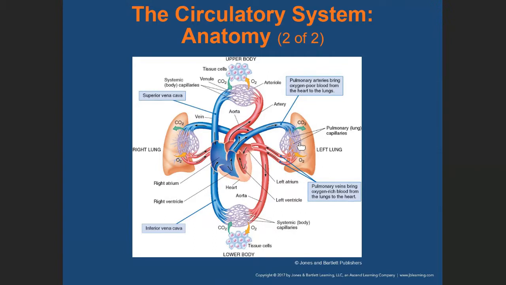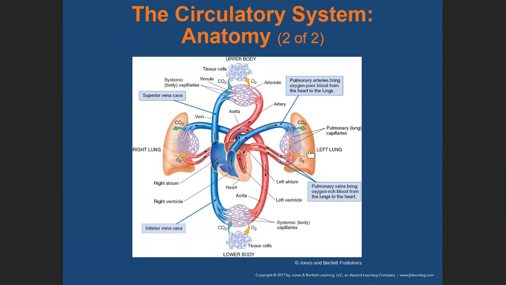So oxygen diffuses out of the alveoli into the capillaries, and CO2 diffuses from the capillaries into the alveoli. So the blood is now oxygenated.